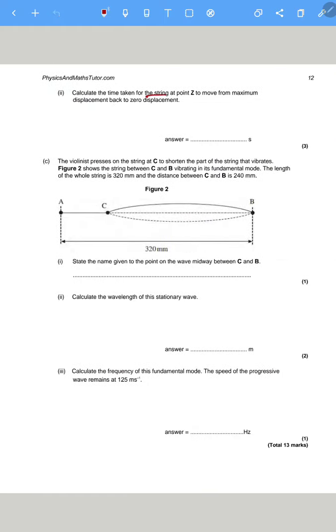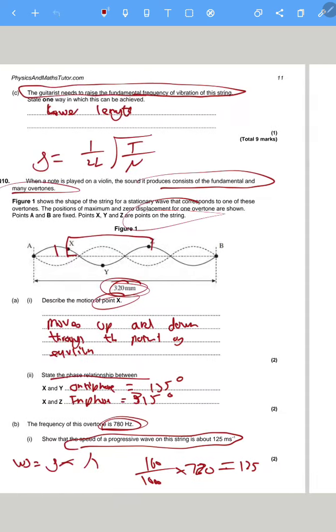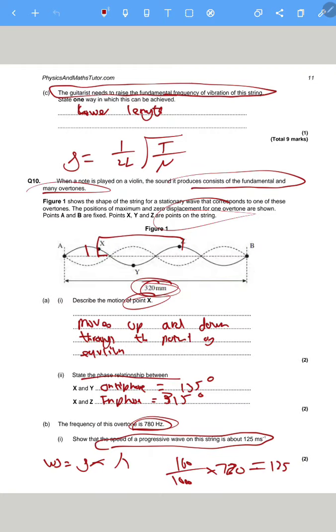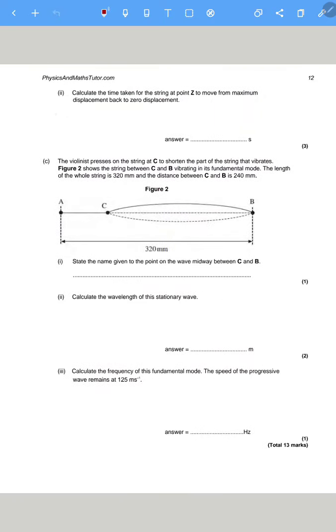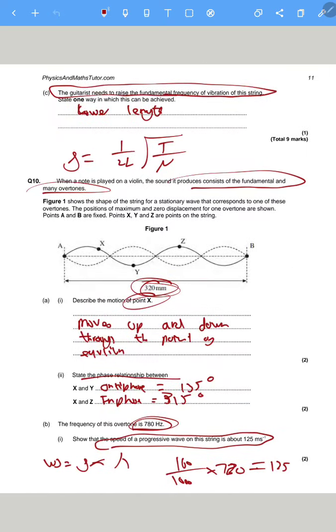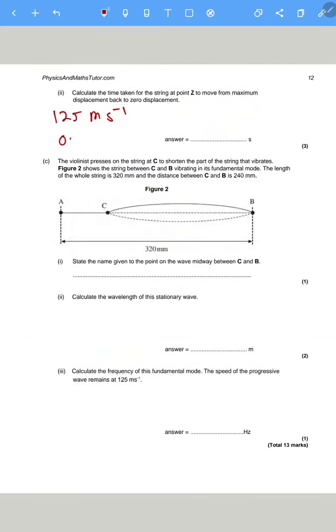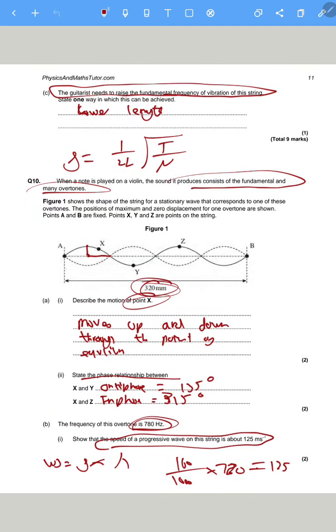Perfect. Calculate the time taken for the string to move from a point of maximum displacement back to a point of zero displacement. So frequency, well, it has a speed of 125 meters per second, and maximum to zero would be a quarter wavelength, so that would be 0.4 meters.